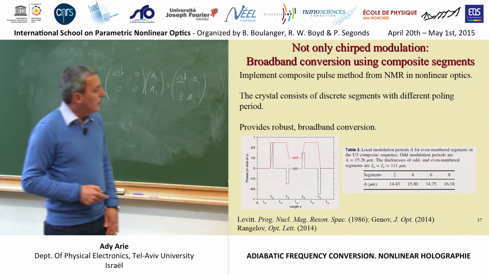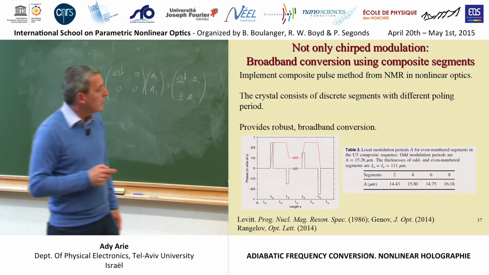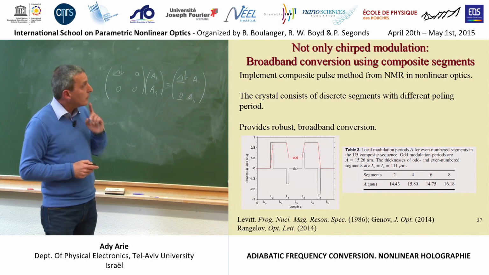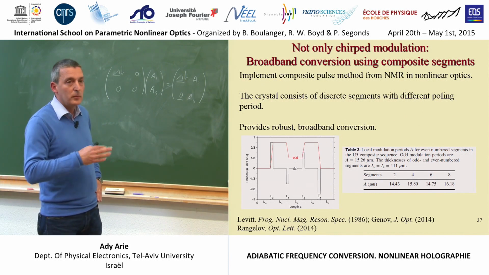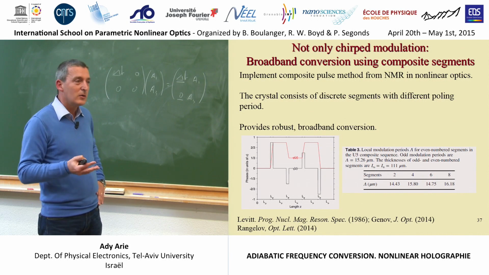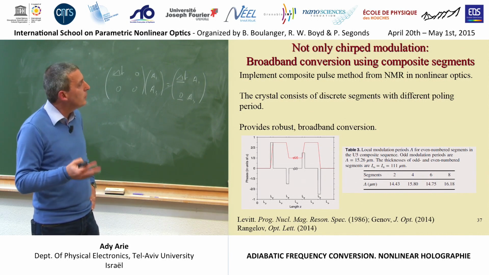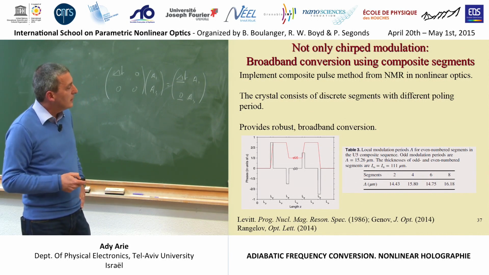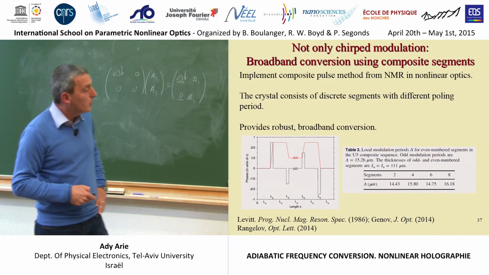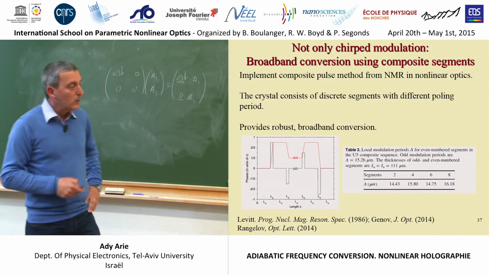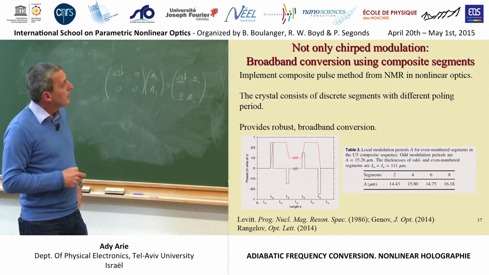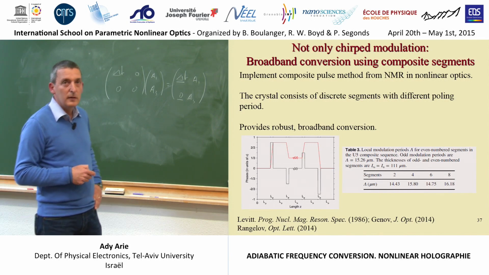Okay, so I want to say it's not limited only to chirped modulation. There are other concepts that enable broadband robust conversion. This was done by the group in Bulgaria of Rangelov and Vitanov, where they again take a concept which was developed in NMR, composite pulses.